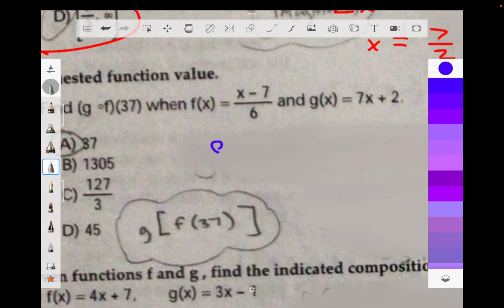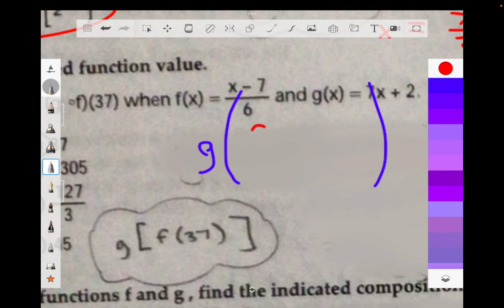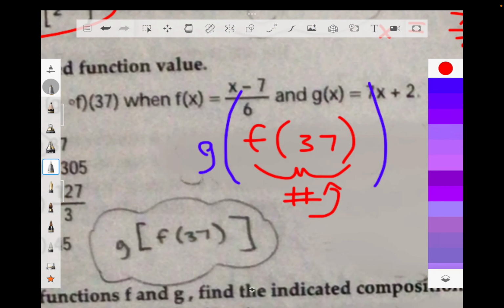What does that mean? So it's saying g, big parentheses, let me use red, f of 37. Okay, so what does that mean? So it's saying solve this first, right? So whatever number you get from this, and then whatever number you get here, that's going to be your g of x.